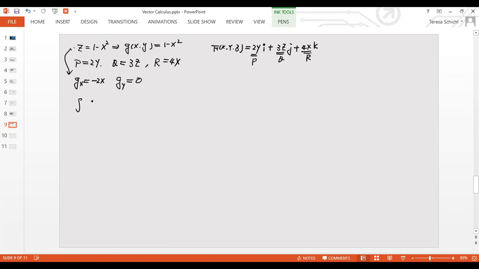Now I plug this surface integral of the vector field into the second equation.